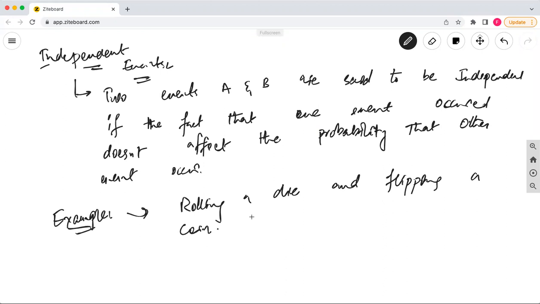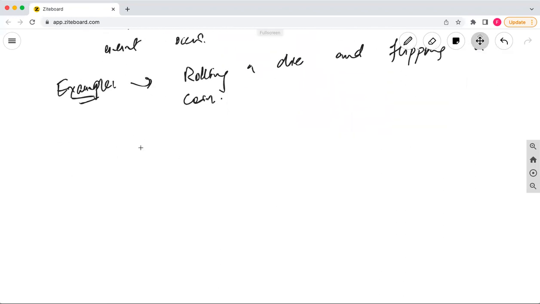Both of these are separate events. The first event is the rolling of a die and the second event is the flipping of a coin.